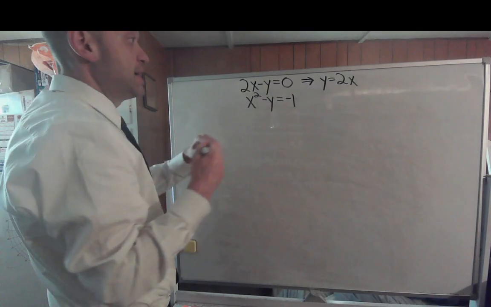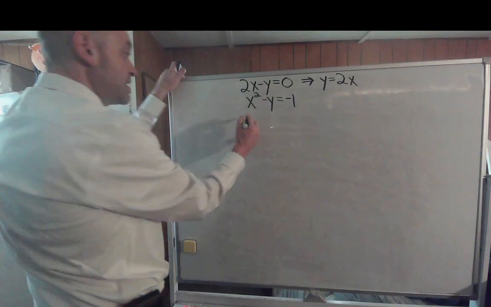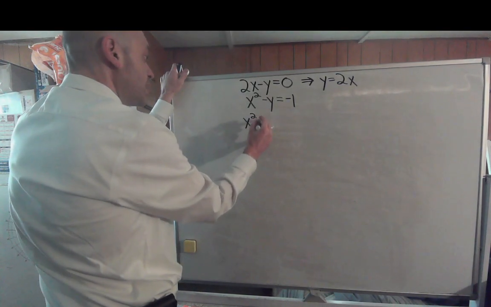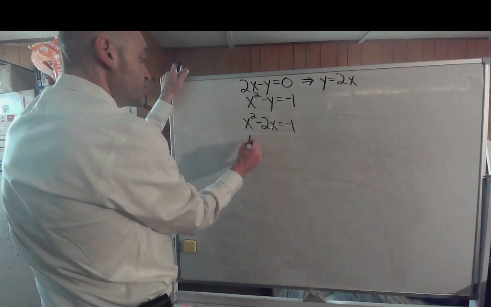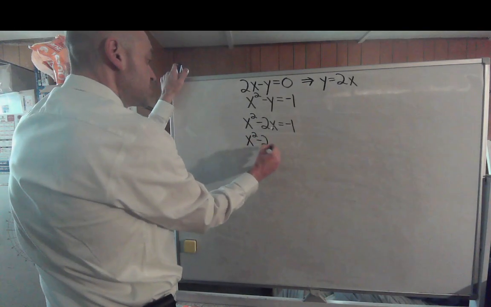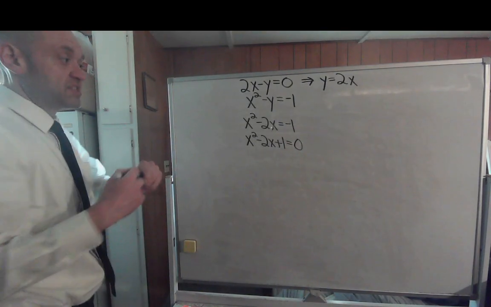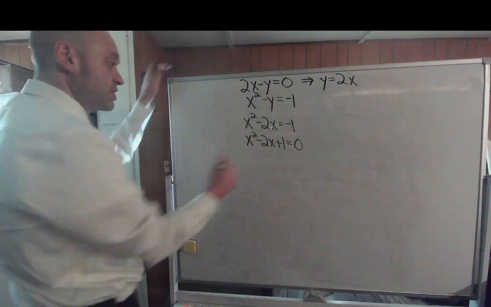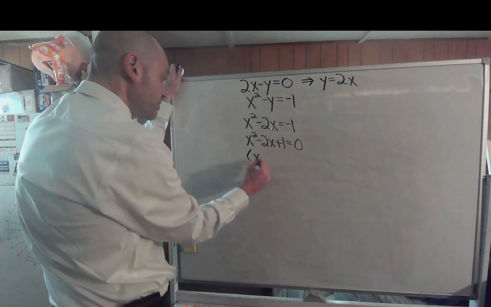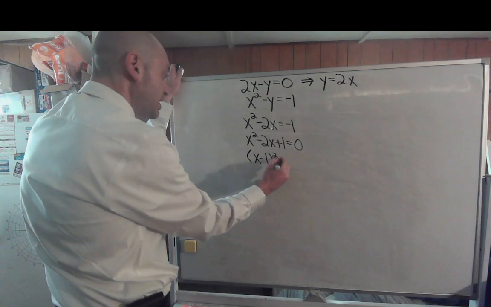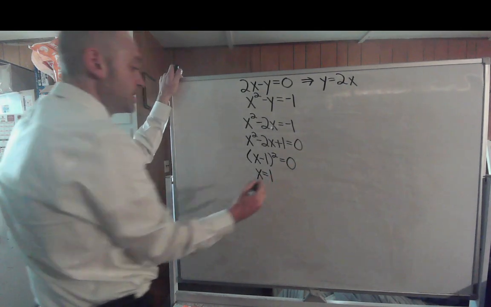So since we based the substitution off the first equation, stick that into the second, you'll end up having x squared minus 2x equals -1, which would give you x squared minus 2x plus 1 equals 0. Well, we have a simple quadratic for x, so this turns into a perfect square binomial. This would be x minus 1 squared would equal 0, which would just give you x equals 1.